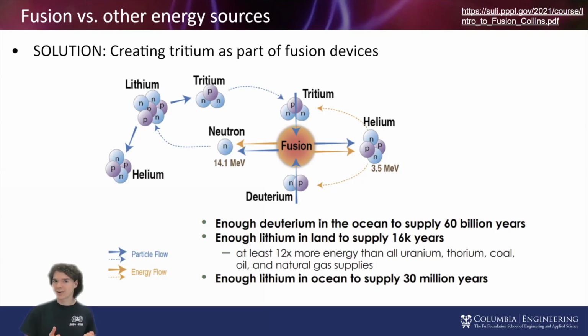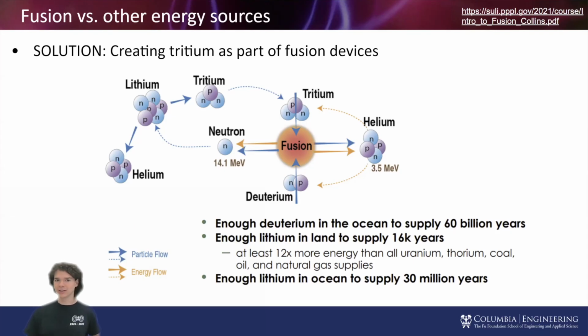If you surround your fusion device with lithium, and you propel the neutrons that you're spitting out into the lithium and heat up what's called a lithium blanket, as opposed to a pool of water, you could generate heat and electricity, and you could generate tritium from that process.